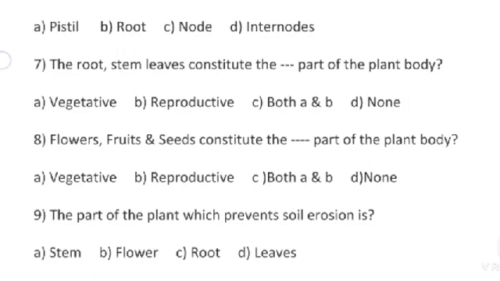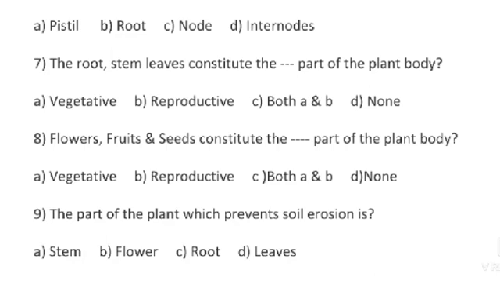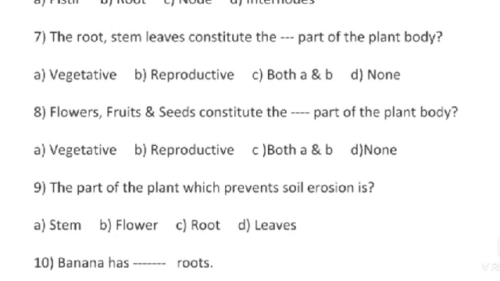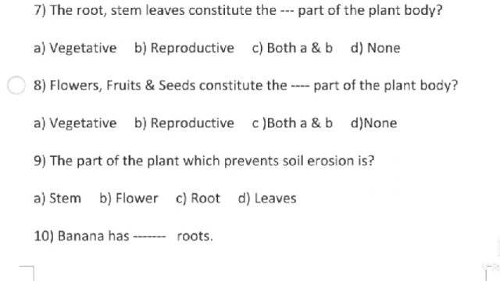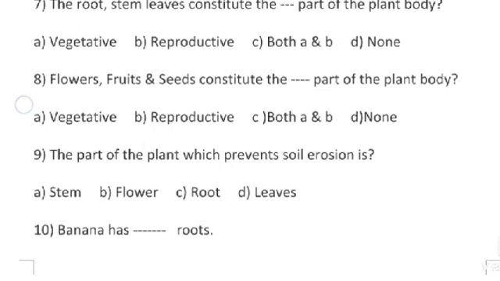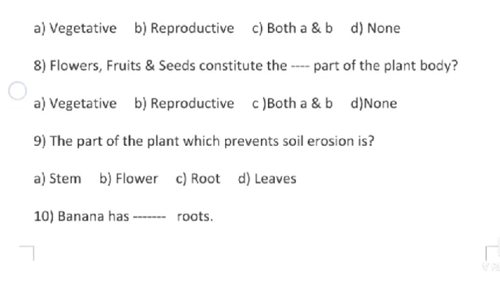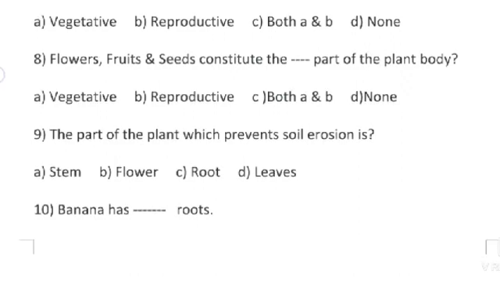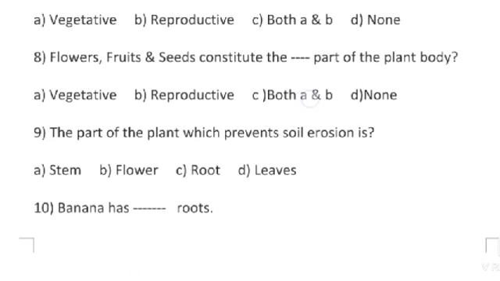Option A vegetative. Question number 8. Flower, fruit and seed constitute the dash part of the plant body. A vegetative, B reproductive, C both A and B, D none. The answer is B reproductive.